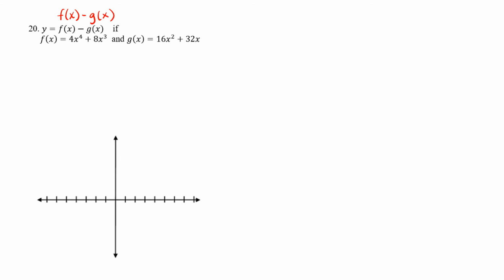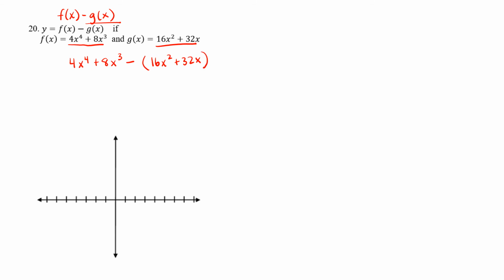And the biggest thing is you have to be careful there, right? When we set this up, f of x is 4x to the 4th plus 8x cubed, and we're subtracting g of x. So we're subtracting the 16x squared plus 32x. The most important part about that is we're subtracting both the 16x squared and 32x.